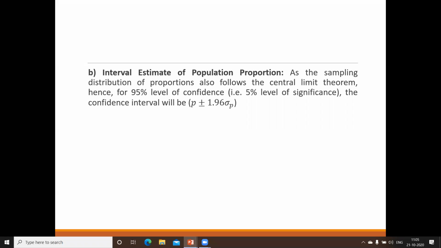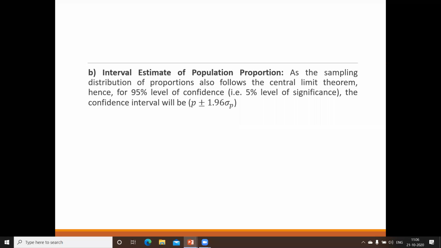p in this case is nothing but your sample proportion of the desired attribute. Or you can also say the sample proportion of defectives in the sample. So p stands for that.